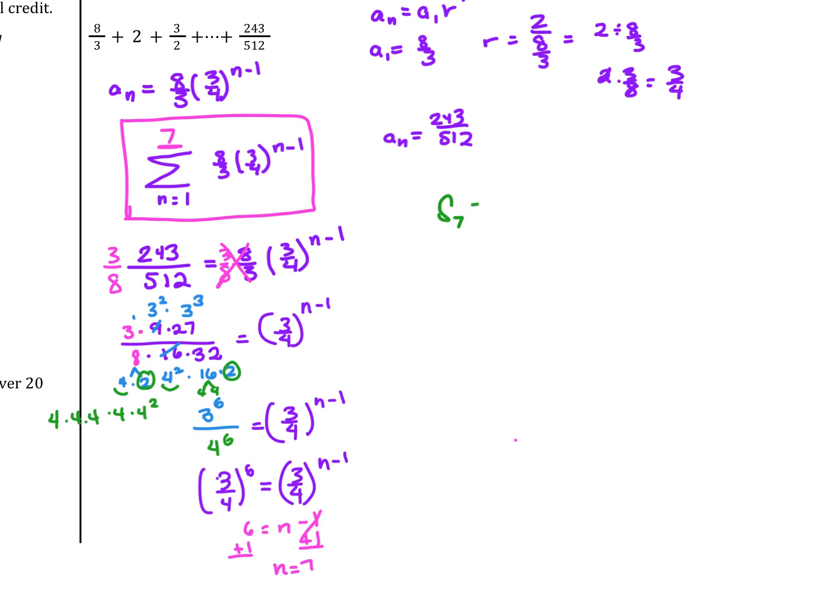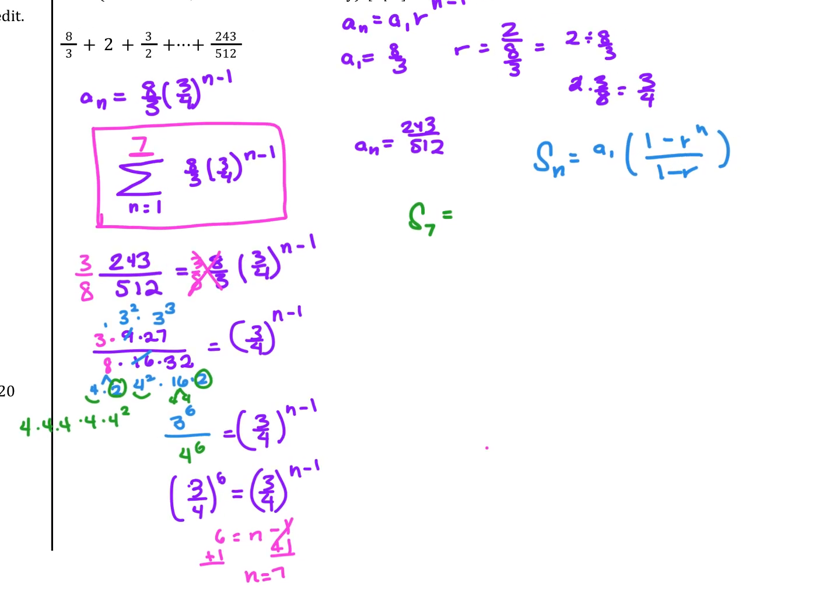So sum of 7 equals, and the formula we're using is S sub n is a sub 1 times 1 minus r to the n over 1 minus r. Okay, so it's a geometric series that is finite. It ends at 7. So a sub 1 is 8/3 times 1 minus r, which is 3/4 raised to the n, which is 7, all over 1 minus 3/4.